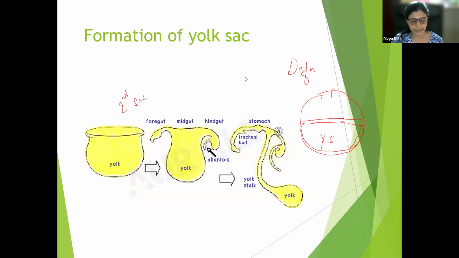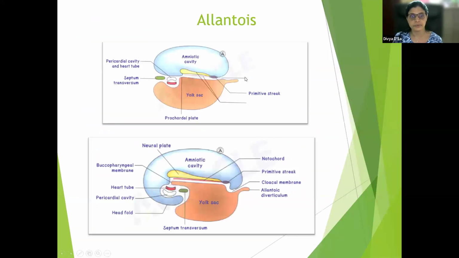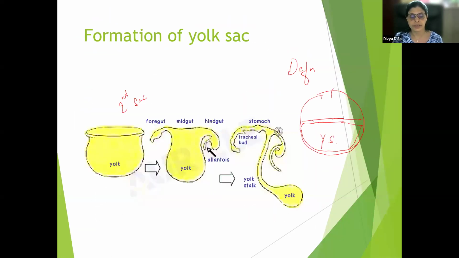Then we have the secondary yolk sac. What happens here? Here, this is the cytotrophoblast and this is the Heuser's membrane. Between them, the extra embryonic mesoderm will appear.